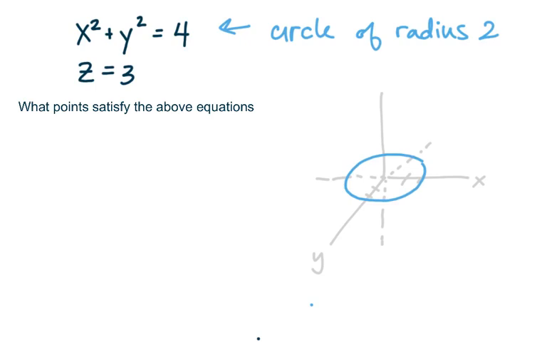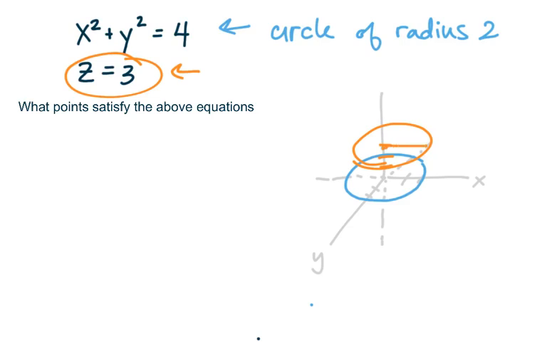Although now we have to think about this z equals 3 portion. And z equals 3 is going to raise that circle up 3 units. So instead of the circle being on the xy plane, it's actually a circle 3 units above the xy plane.